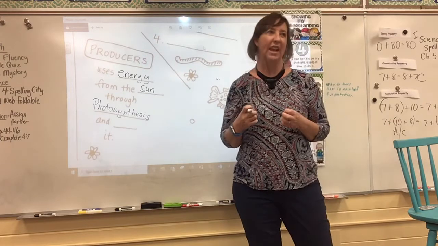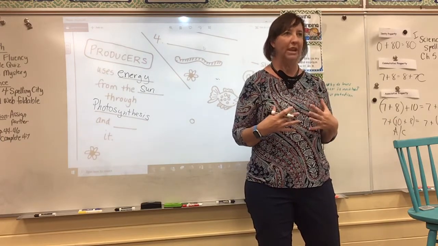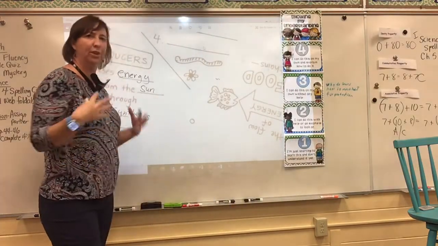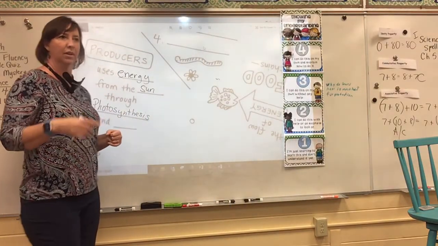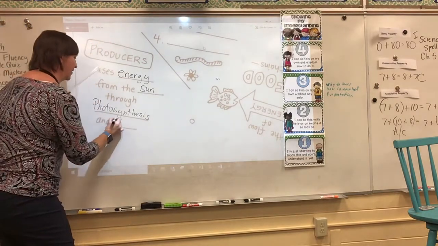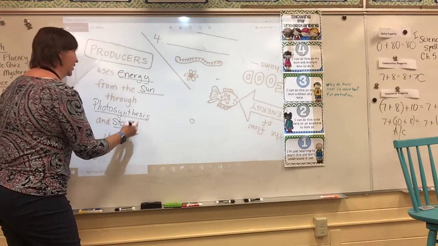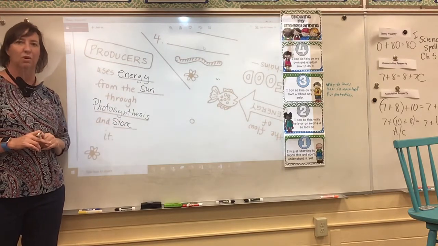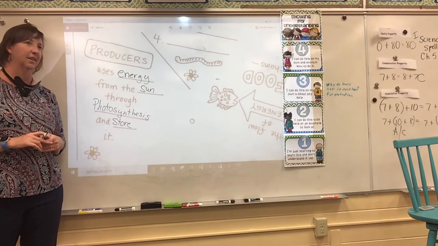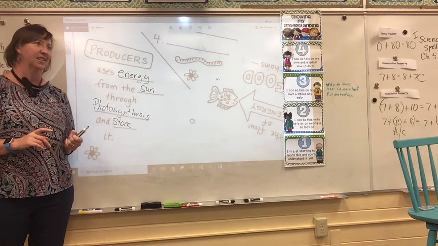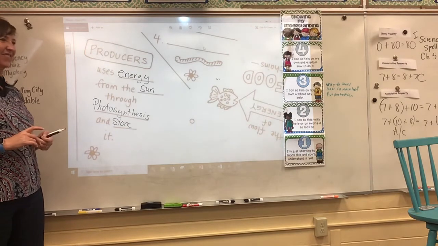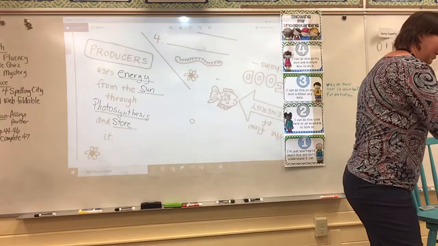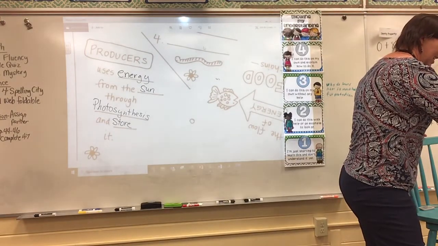And when they use that energy from the sun, where do they put it? This next part, and they blank it, which means they put it away for later use. They store it, yep. So producers use energy from the sun through photosynthesis and store it. Did you get the chance to write that down?